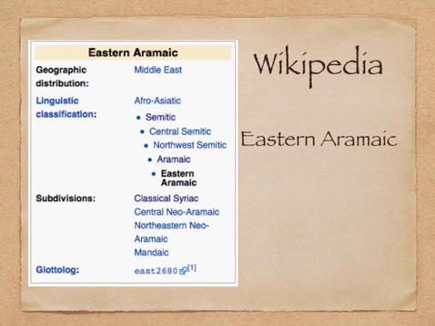Eastern makes it sound like it's from Iraq, Afghanistan, or somewhere way in the Middle East, far away from Israel, or Mesopotamia, or Ur of the Chaldees, or Babylon, and therefore you would assume that it couldn't possibly be a language that Jesus would know or have heard of or could recognize or could speak.